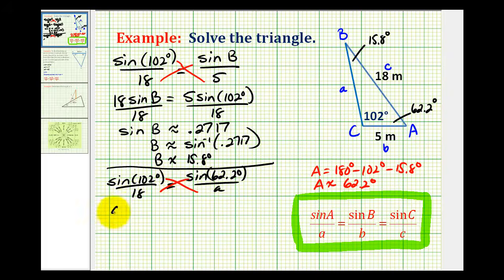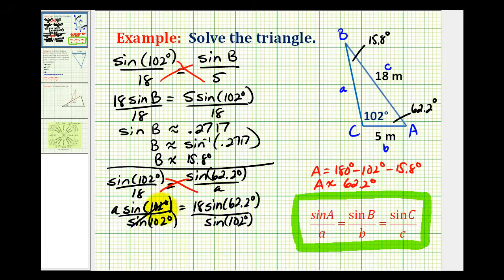So we'll have A sine 102 degrees equals 18 times sine 62.2 degrees. Divide both sides by sine 102 degrees. So we'll have A is approximately equal to this quotient.